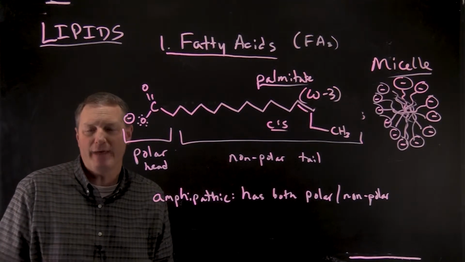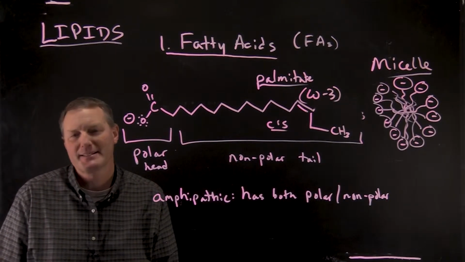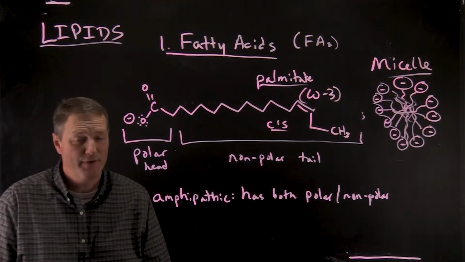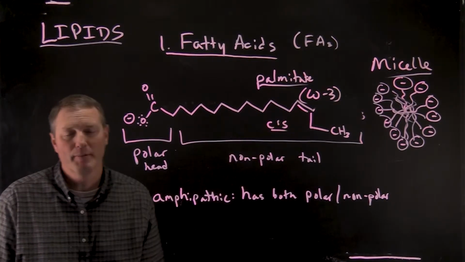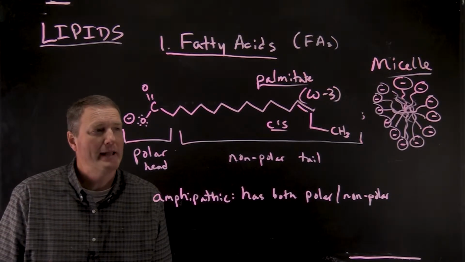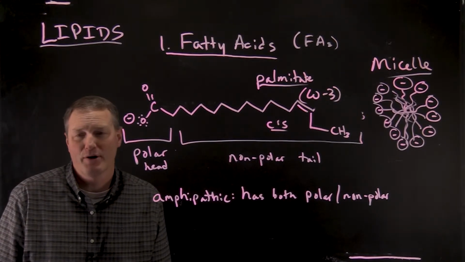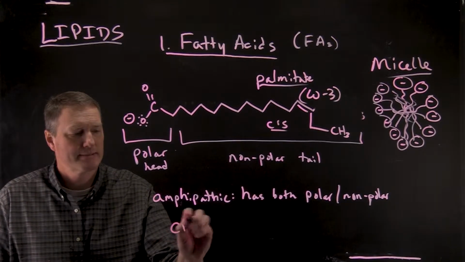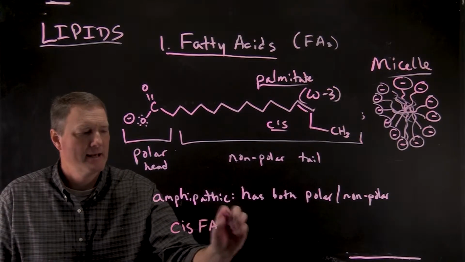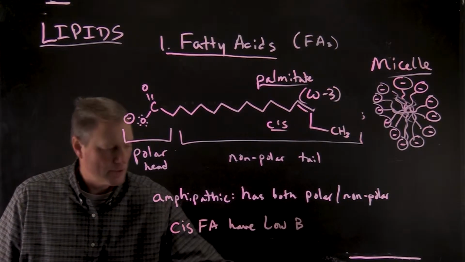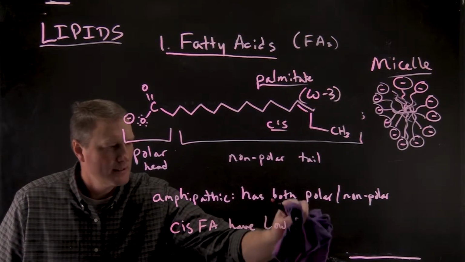In general, cis fatty acids tend to be the more healthy type of fatty acids, whereas if you have trans fats with trans double bonds, those tend to be less healthy for you. And these cis and trans double bonds also affect the melting point. In general, cis fatty acids have low, I should say not boiling point, melting point.